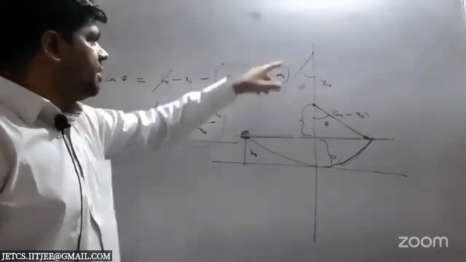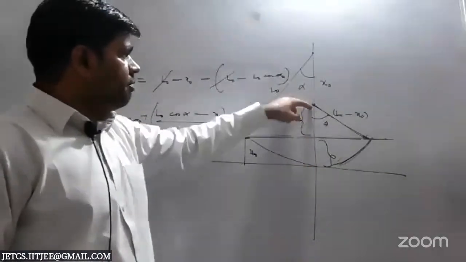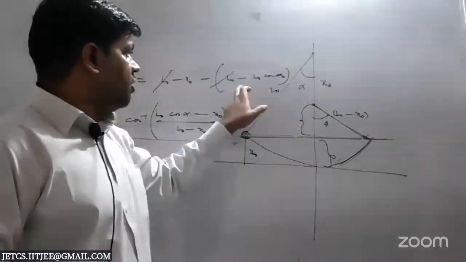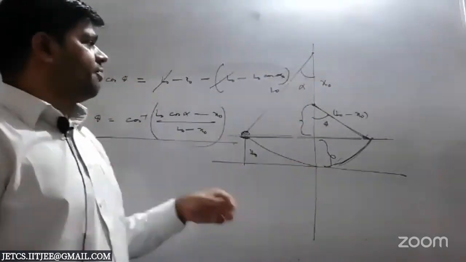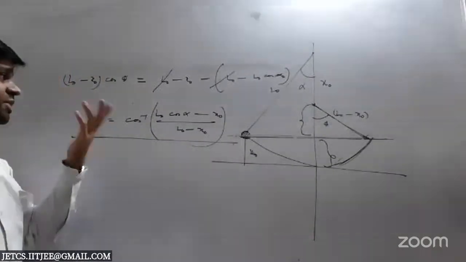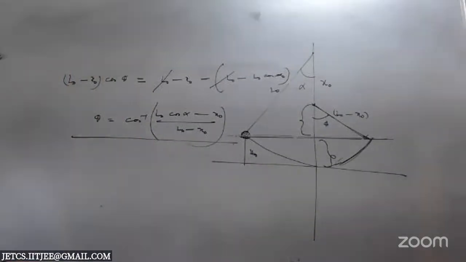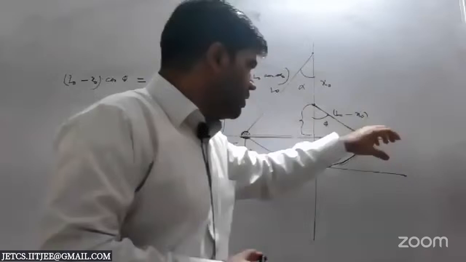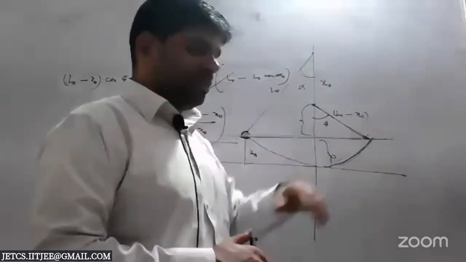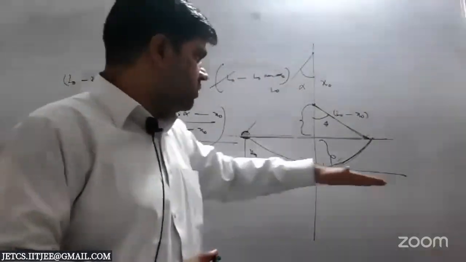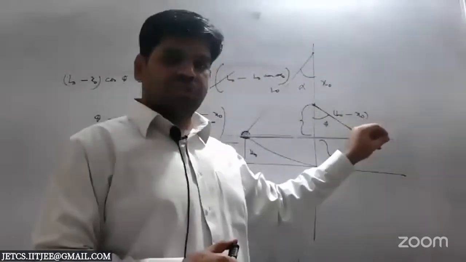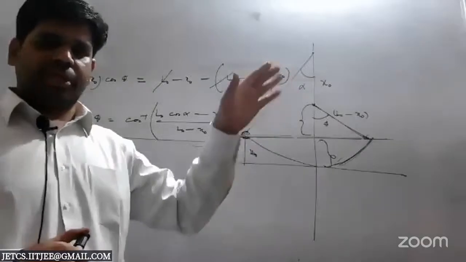In terms of alpha, it would be L naught minus x naught minus this one, and this one is L naught minus x naught, L naught cos alpha. L naught gets cancelled out, then remaining is simple math. The only physics fact which I've used is it will reach the same potential energy level, the same height, because my horizontal level is my equipotential level.